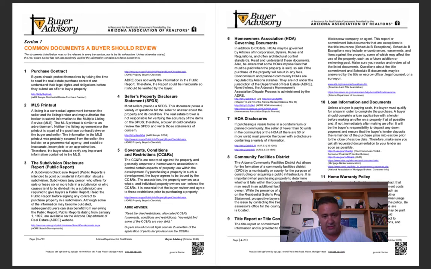And so these CFDs are coming on at different times. They're all a little different. That CFD 1 is paid off. So if you were to buy a house in Sundance out in Buckeye and that house is within CFD 1, there would be no balance left, no CFD charges any longer.